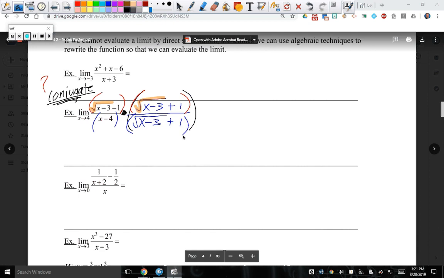I'm thinking of 3 words that when I multiply these two, it represents something that we did way back in Algebra 2. What are the 3 words? Difference of squares.